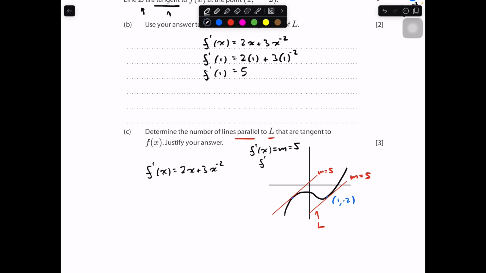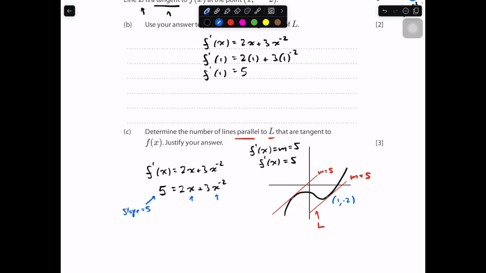So essentially, we want f prime of x to be equal to 5. So let's replace this with a 5. And now we have 2x plus 3x to the -2 equals 5. We're saying, how many different x values are there that we can substitute that will make the slope equal to 5?